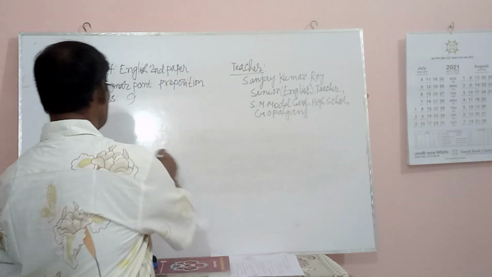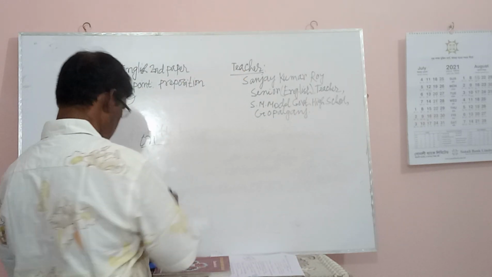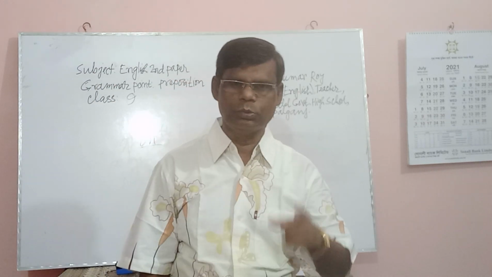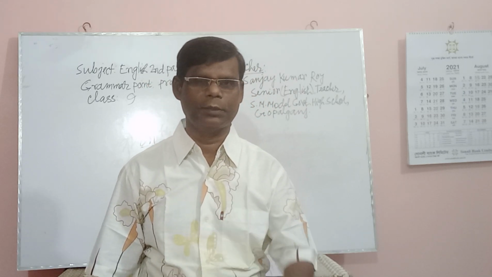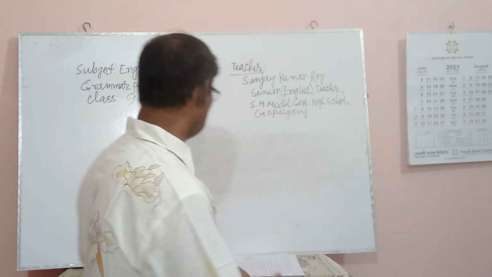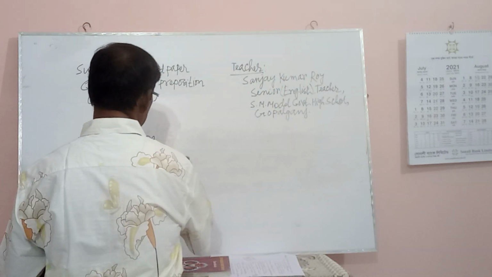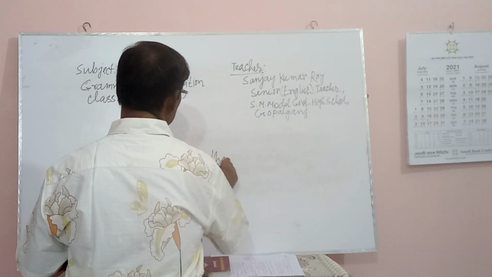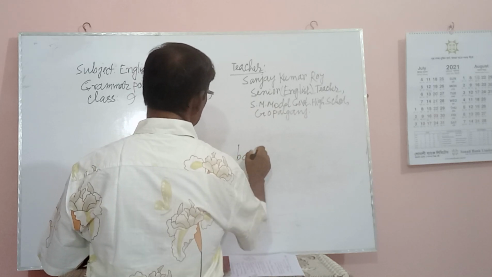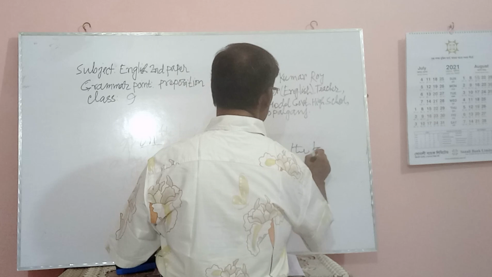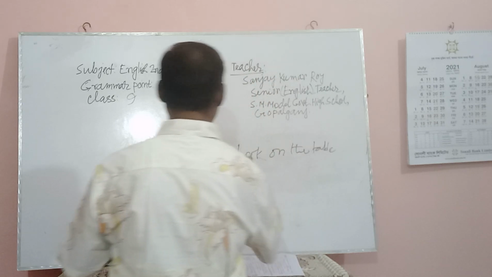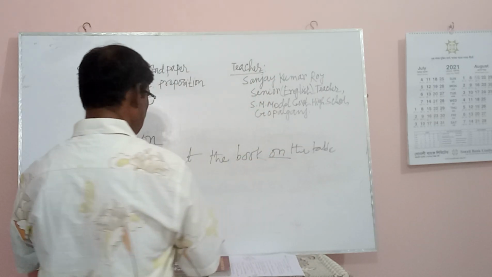Now, where is on used? On is used mainly when we think of a place as a surface. For example, put the book on the table.